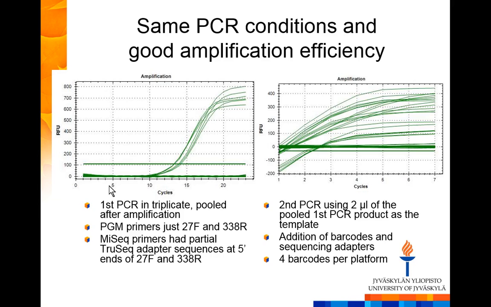For PGM, it was just the general primers, and the MiSeq primers had already overhangs at both ends, these partial TruSeq adapter sequences. But as you can see, these are the PGM amplicons. This is, by the way, a figure from qPCR, so you see how your templates amplify. They come up a little bit earlier than the MiSeq templates, but I would say that the reaction has worked just as beautifully for both. So the adapter sequences or the overhangs didn't seem to have a negative impact on the first PCR.